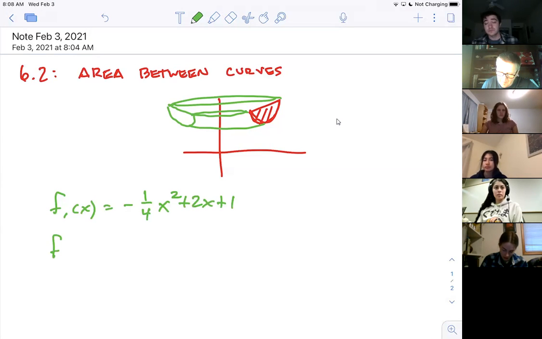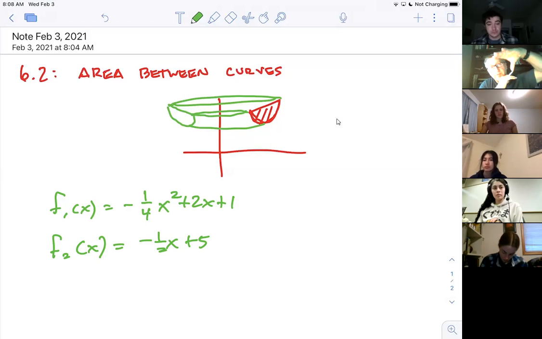And our second function is a line, negative 1/2 x plus 5. You should recognize that as a parabola and a line. And so that's going to make something like that red shape that I just described. Except the parabola, you might expect, is upside down since it has a negative a value, and the line has a negative slope. And so, what's that going to look like? Well, let's go take a look.